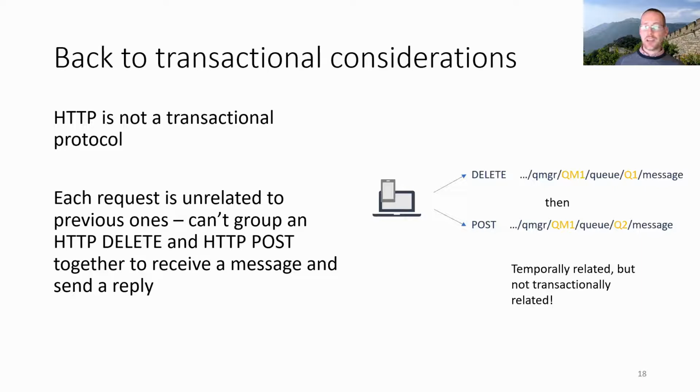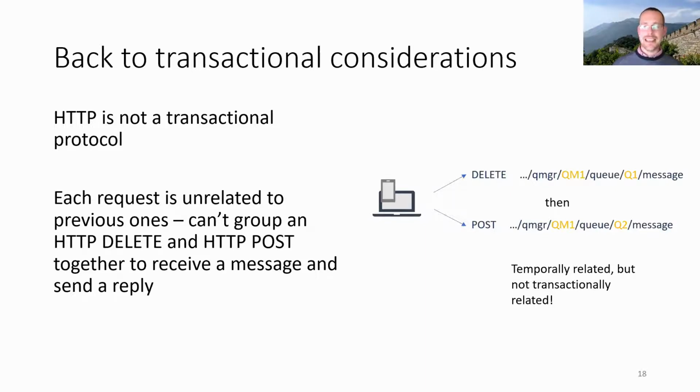So here's what I want to come back to as quite a key point: transactional considerations. I touched on this right at the beginning, and I want to go into it in a bit more detail now. MQ is a transactional thing. JMS and the MQI are highly transactional APIs, especially when running inside things like CICS or IMS or Web Server Application Server.